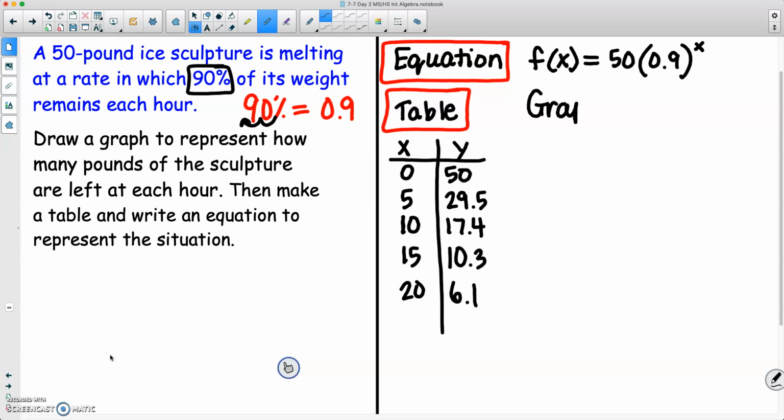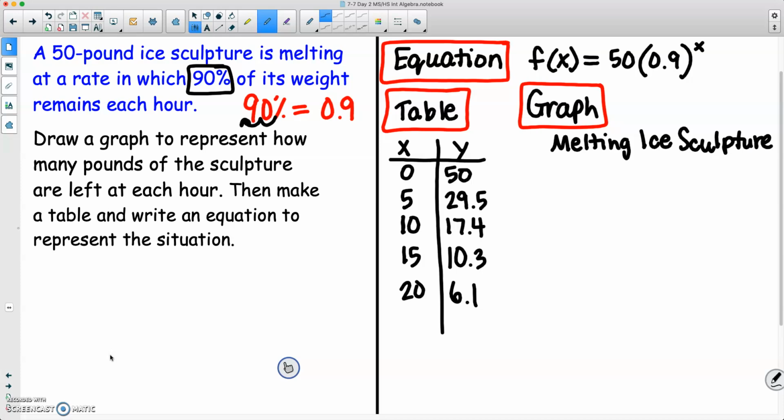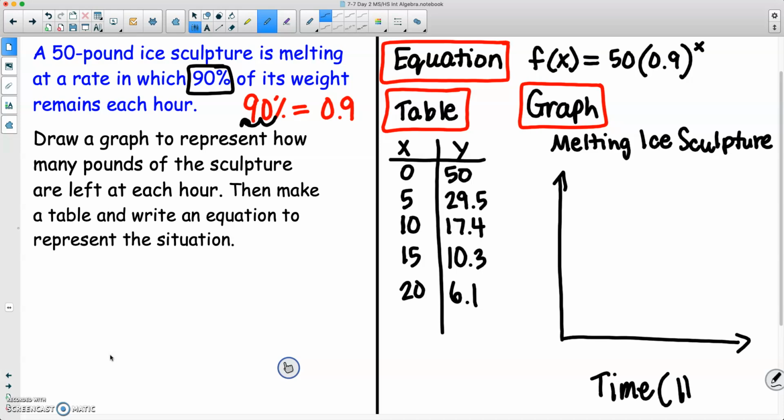I'm going to call this ice sculpture melting. So melting ice sculpture. And we're analyzing, see, it said to represent how many pounds of the sculpture are left at each hour. Okay, so I need time in hours. And then how much is left, and it says the weight.